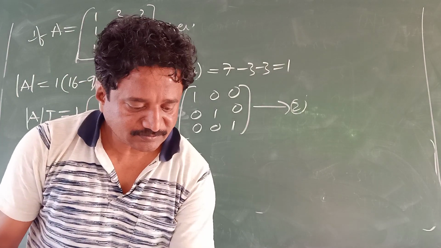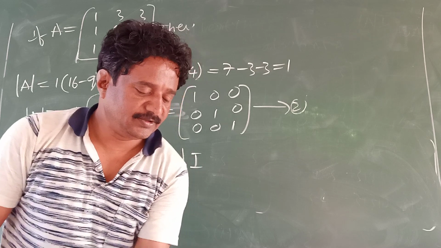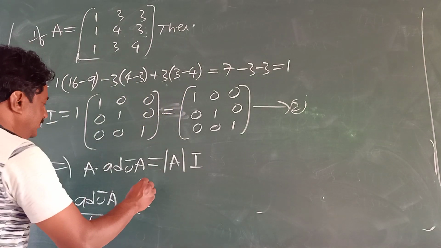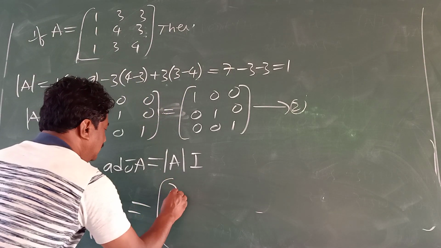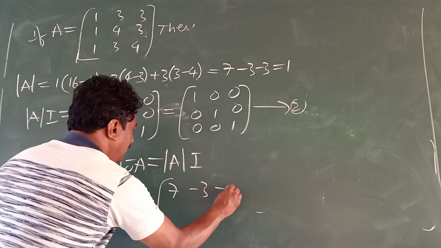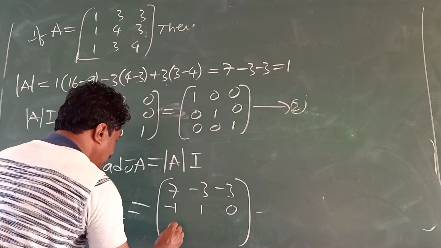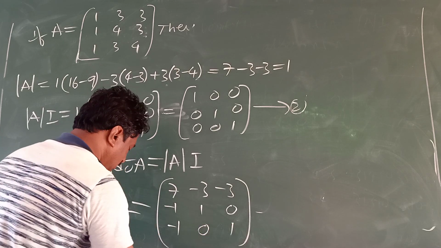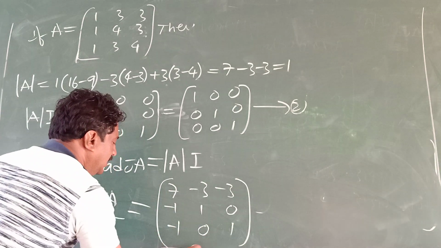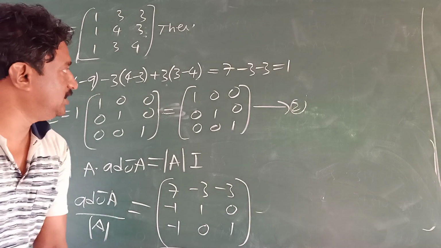Adjoint A is 7 minus 3 minus 1, 1 0 minus 1, 0 1. Adjoint A by det A. How much is det A? It is 1.